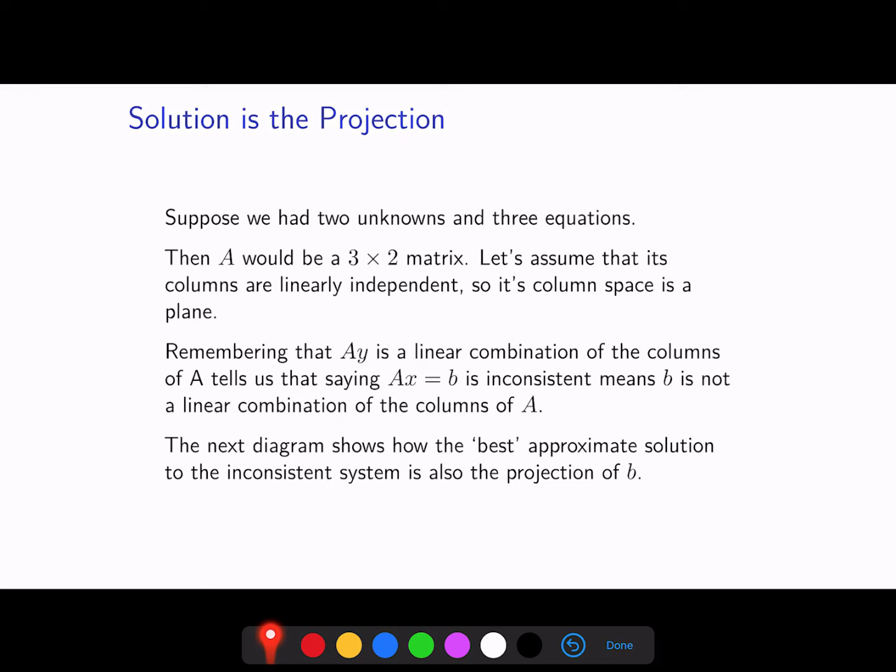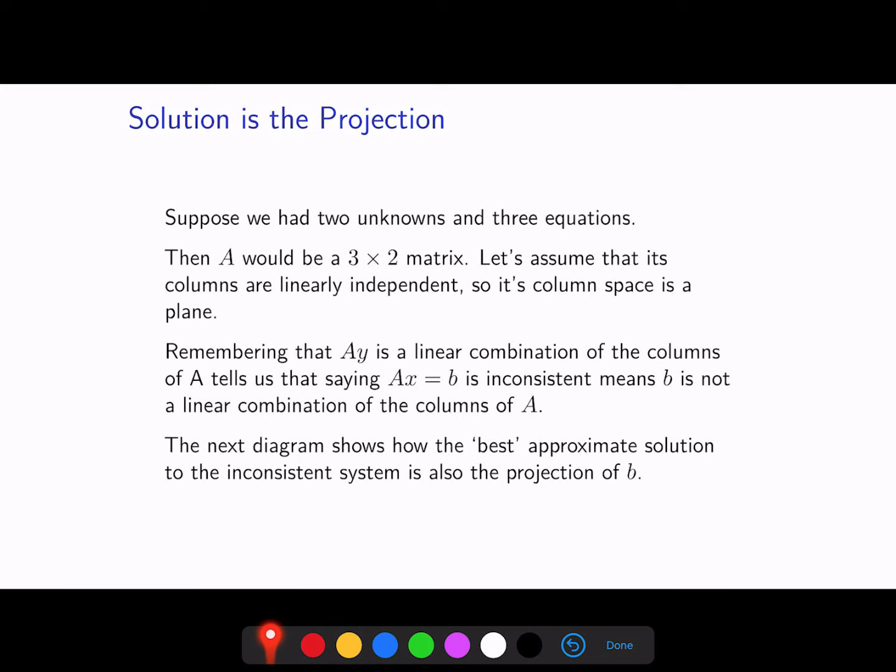Now remember that A times Y, where Y is a vector, is just a linear combination of the columns of A. So saying that AX equals B is inconsistent means that B is not in the column space of A. That means that B can't be written as a linear combination of the column vectors of A.